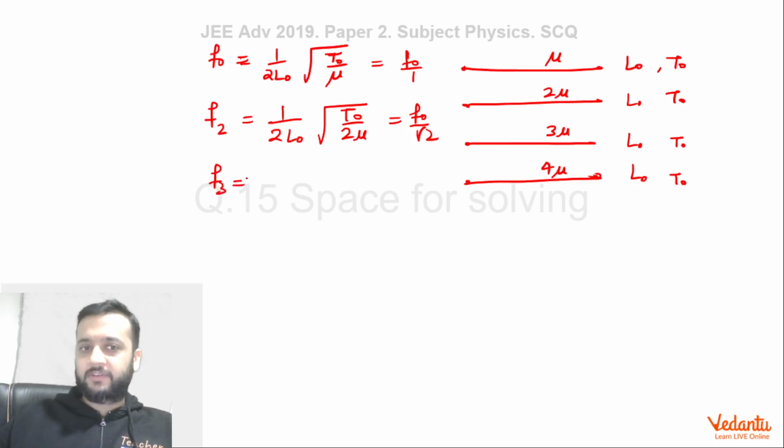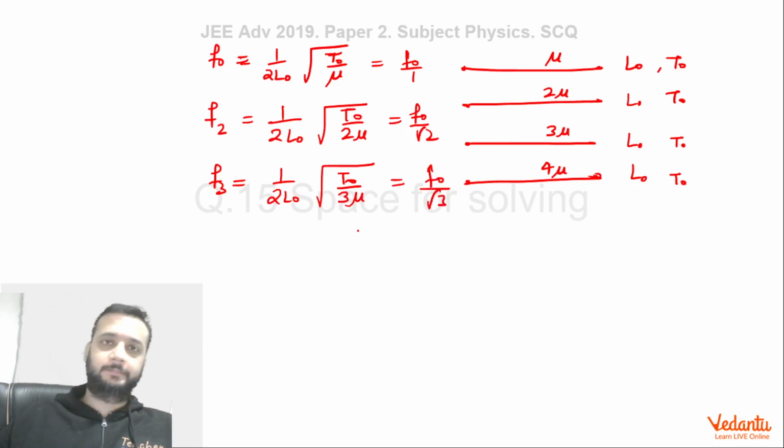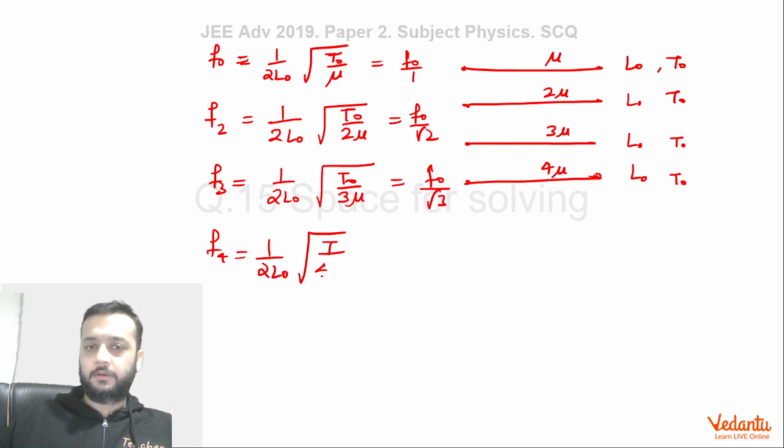Similarly, what will be the fundamental frequency of the third string: 1 upon 2 length into root of tension upon mu, which is 3 mu actually. So you can see what this will be, F0 upon root 3. Okay, similarly for the fourth, what will it be: 1 upon 2L0 into root of T0 upon 4 mu. So this will be F0 upon root of 4, which is 2.